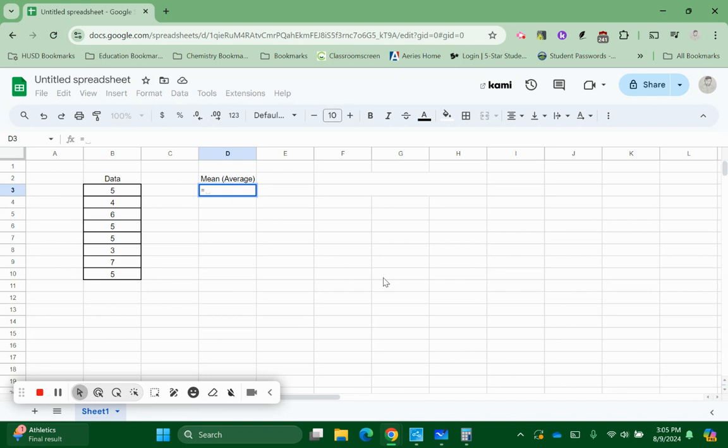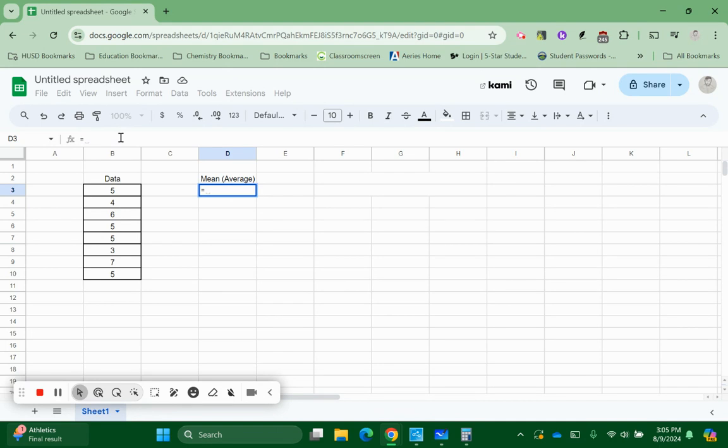When you type the equals key in a cell, you're telling it, we're going to do some kind of math calculation. Now, you can do something really simple, like 2 plus 2, and boom, it will spit out the answer, 4. But we want to do something a little bit more complicated here. We want it to calculate the average for us.